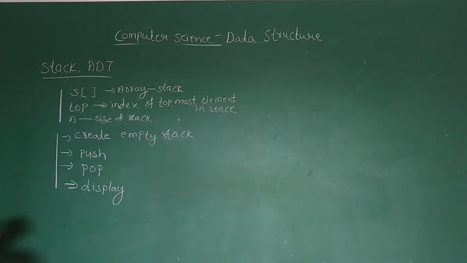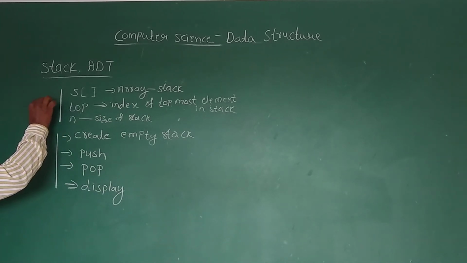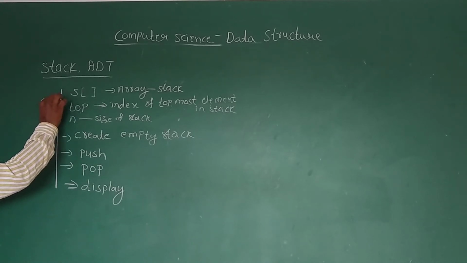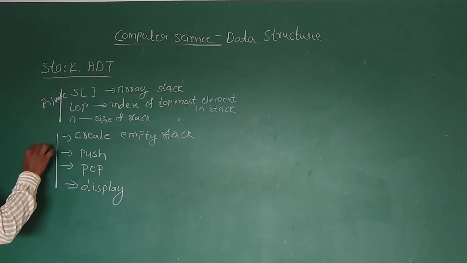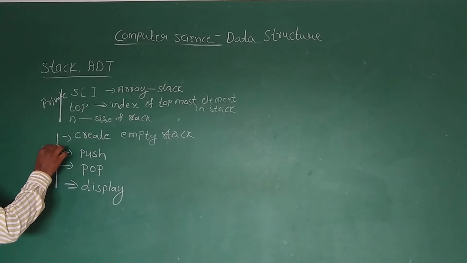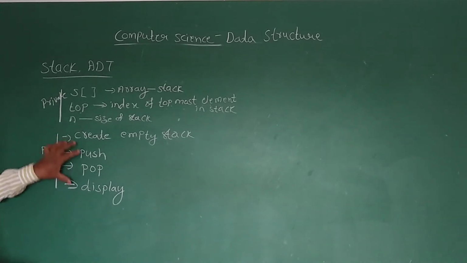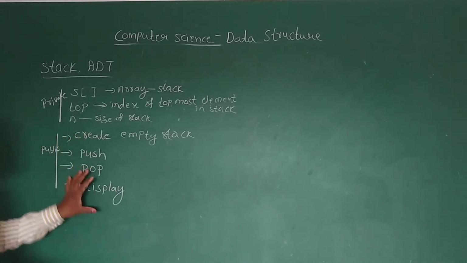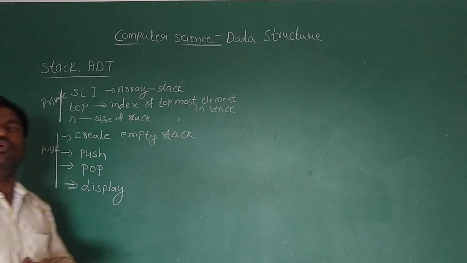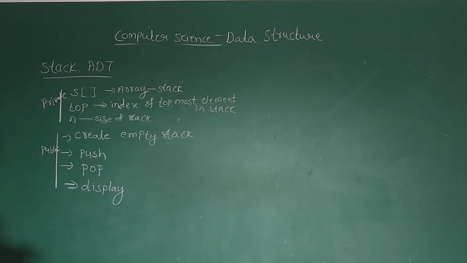These three are the properties, these three are the variables. These four are the functions. Generally, these three are the private members in a stack class. These four are the public members of the stack. Why are these four public members? These four functions need to be invoked from outside of the class.